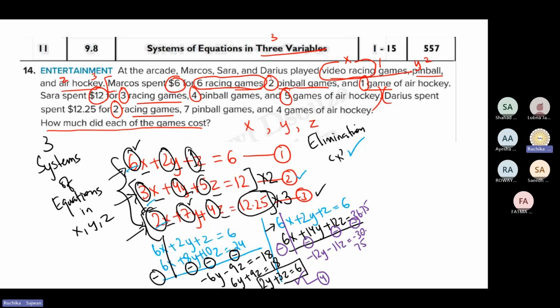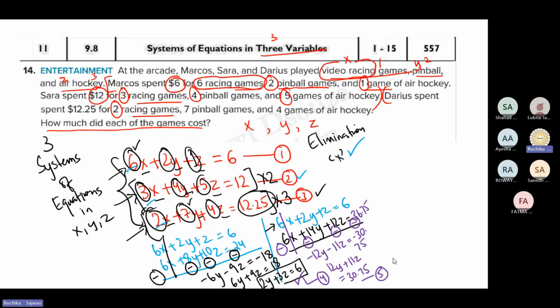Confirm me, one of you, 30.75, when you subtract 6 minus 36.75. So all is negative, let's make it positive. Positive is easy to solve. So 12y plus 11z is equal to 30.75. This is my fifth equation.